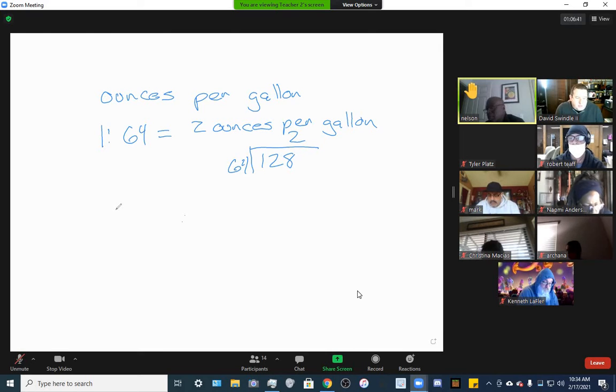Look at the box on page 17. You see it up in the top right-hand corner? Yes, 32 ounces to 1 quart. Yep. So ratio of 1 to 4 is 32 ounces per gallon of water. Okay. Let's take the next one. 1 to 8 is, what's the next one tell us?